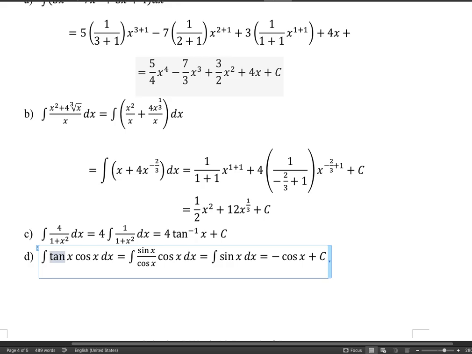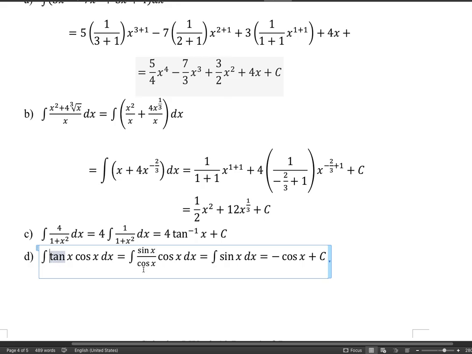But I do know when we have trouble dealing with trigonometric functions, we use trigonometric function identities. Specifically, tangent x is the quotient of sine over cosine. So in my first step, I simply replaced tangent with sine over cosine.